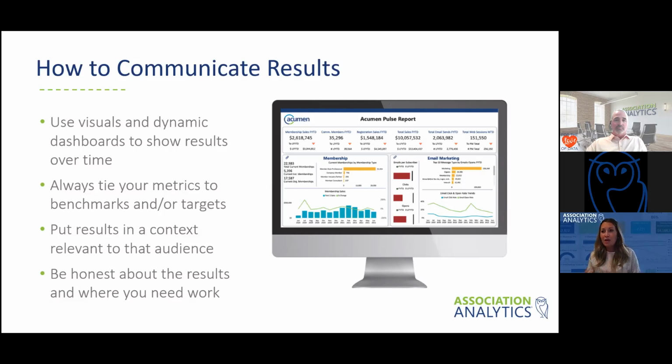And then be honest about the results. I think a lot of times data, and this came up in the chat, can drive transparency. And that could be a cultural change for people. But it can also be an opportunity to use data for the offense rather than the defense. And so that's something else I encourage everybody to do when you're coming to the table with data.